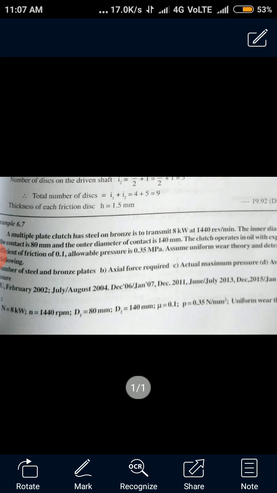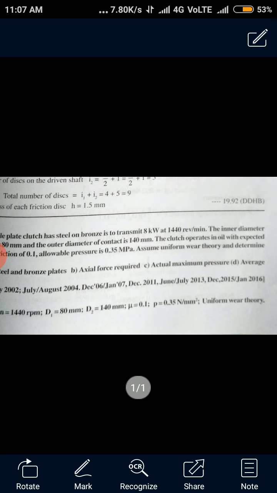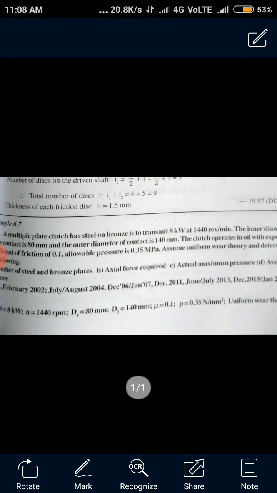So power is given as 8 kilowatt, speed as 1440 rpm. The inner diameter of the contact is 80 mm, d1. The outer diameter of the contact is 140 mm, d2. The clutch operates in oil with expected coefficient of friction mu equal to 0.1. Allowable pressure p equal to 0.35. Assume uniform wear theory, determine the following.